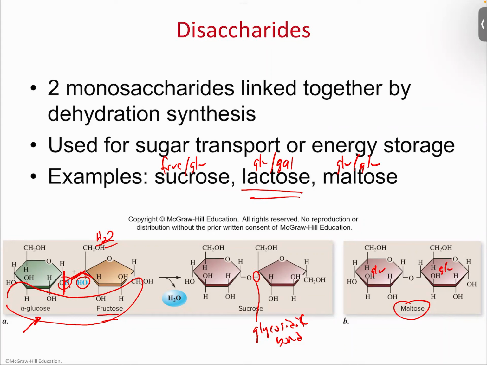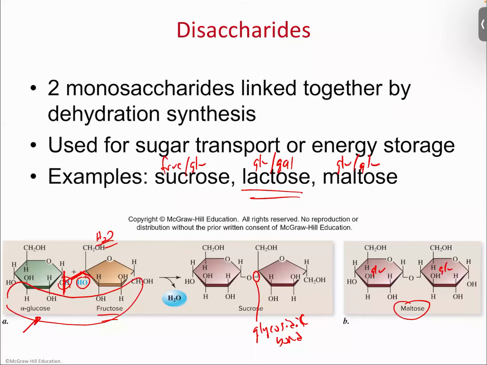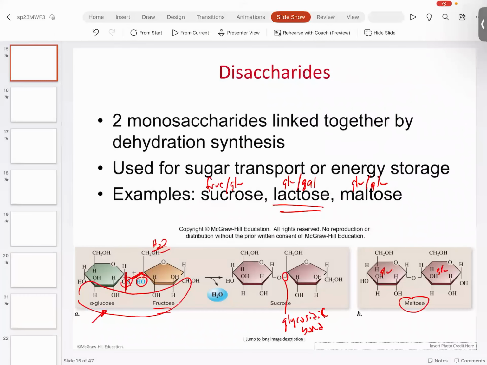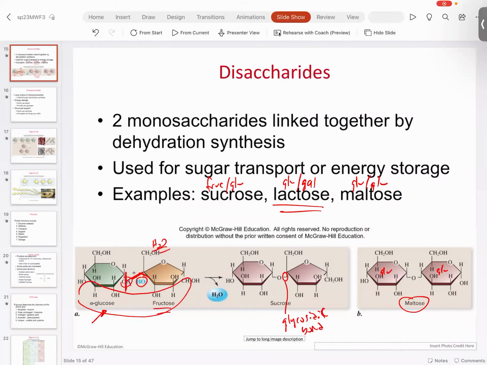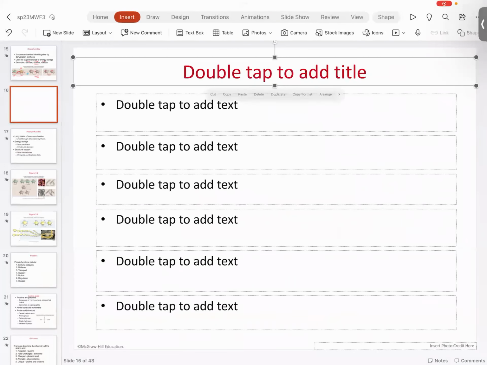So notice, however, you structurally have a slightly different way of looking at the way these glycosidic bonds are broken down. So what I want to do is add a slide in here.